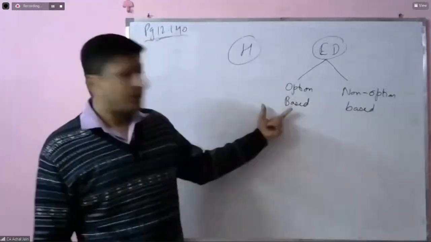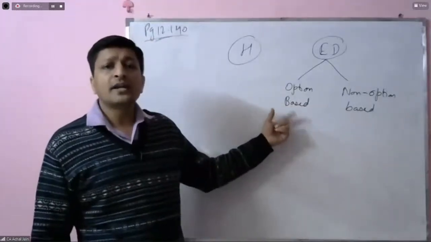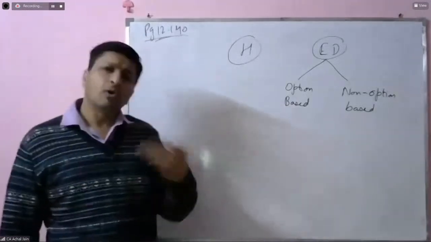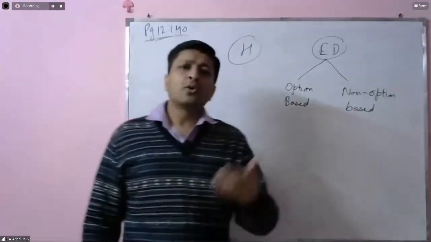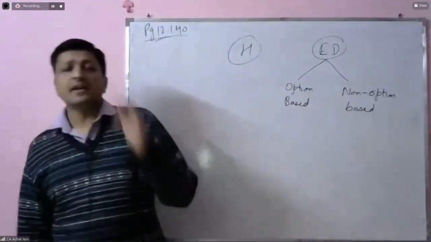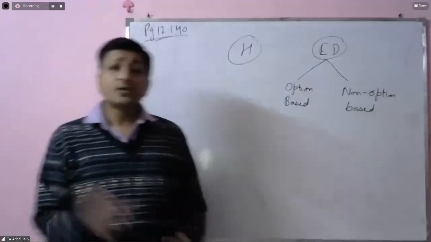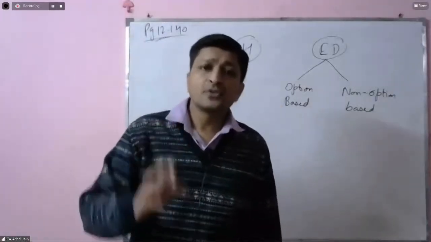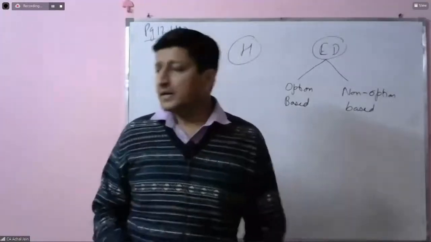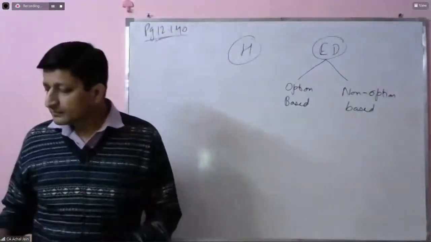So the first one, wherein the option is involved, what do we call it as? Option based derivative, or if that is embedded somewhere, option based embedded derivative. The second one, wherein the option is not there, is called non-option based derivative or non-option based embedded derivative. Okay.